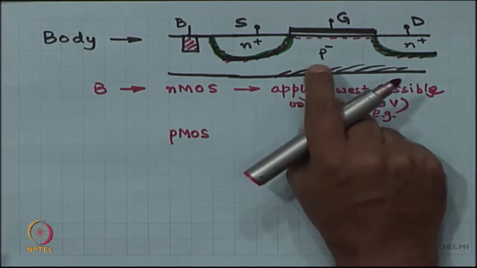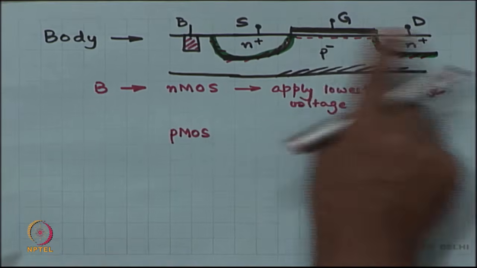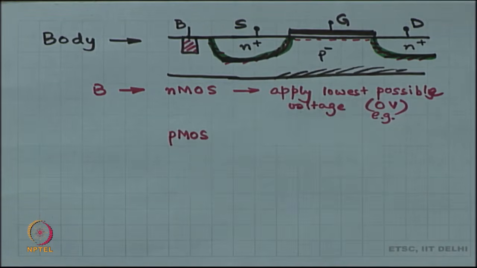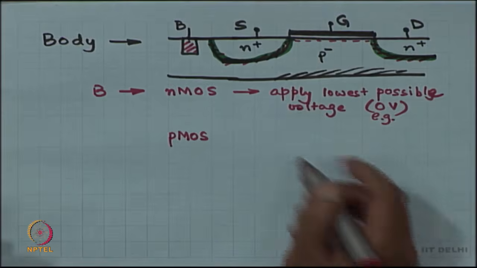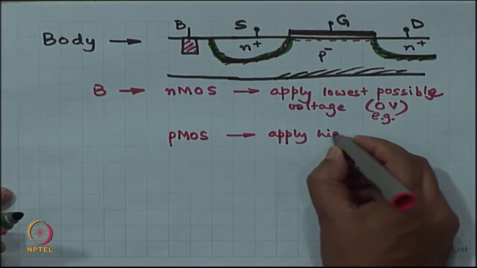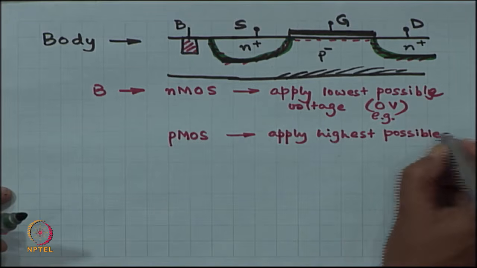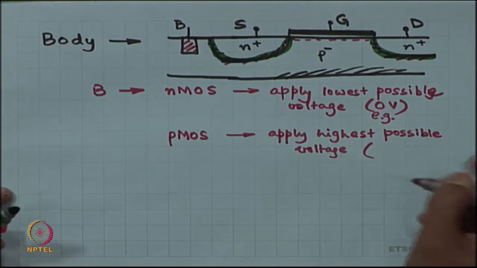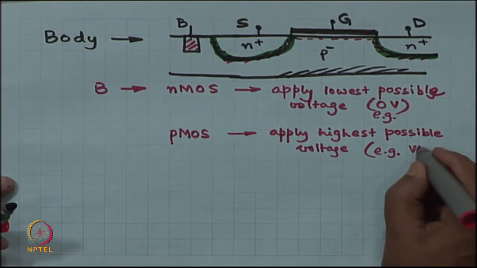The PMOS device is the opposite of the NMOS device. Here the body is going to be made up of N and the source and drain are going to be made of P, and therefore, if I want to make sure that these two junctions are always reverse biased, then I have to apply the highest possible voltage to the body. And usually, a good example of the highest possible voltage is the power supply voltage.